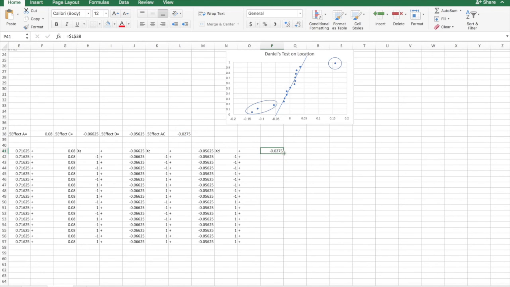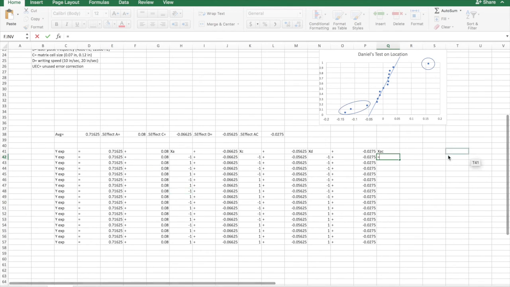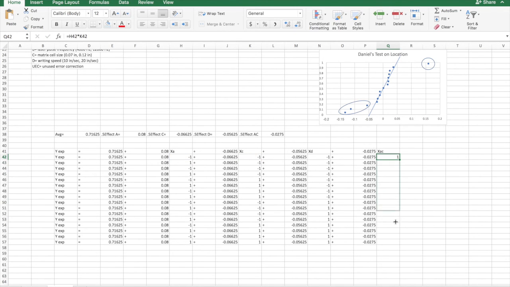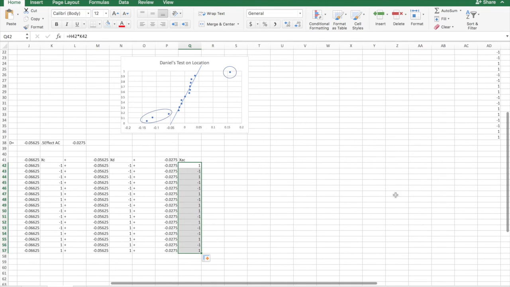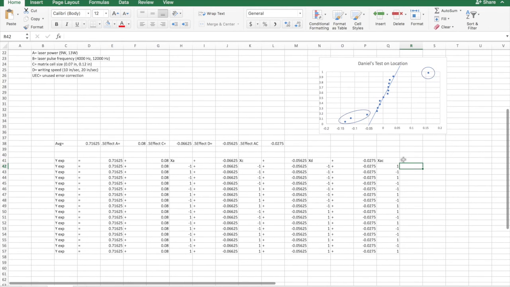And we dragged, replace AC times the signs of A. So in here it's going to be the signs of A times the signs of C. And that's it. So this is our regression model.